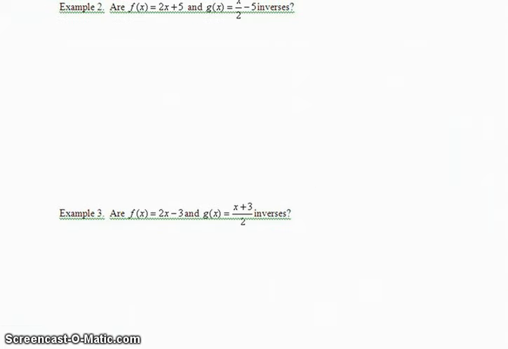All right, let's see how you did. We need to find f of g of x and g of f of x. So let's start with f, and let's just write this out, leaving a parenthesis where there's an x.